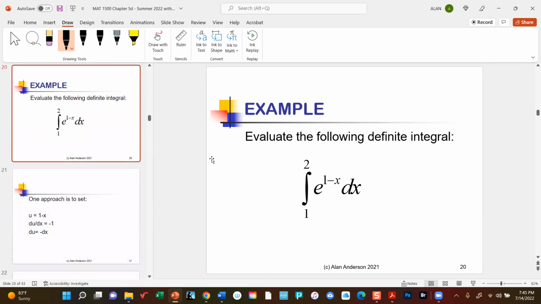Look at this one. That's looking pretty scary, but if you remember all the other ones we did, let's take a shot at u equals 1 minus x, which implies that du dx is negative 1. Du is negative dx.